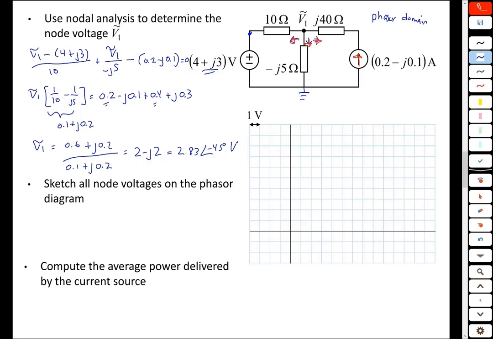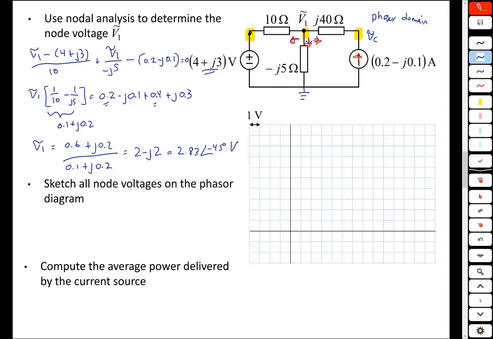So in the second part of this problem, we're asked to sketch all the node voltages on the phasor diagram. And there are 3 node voltages. There's this one, which is given, 4 plus j3. There's this one, which we just solved for. And there's this third one. We'll call this voltage VC phasor.